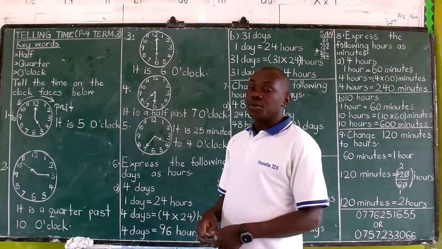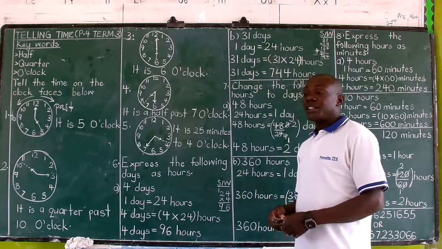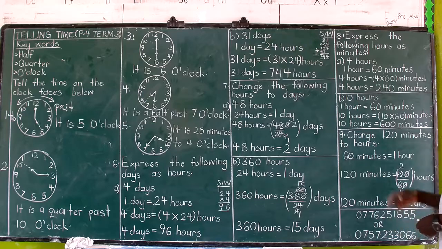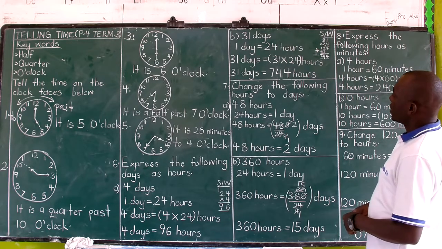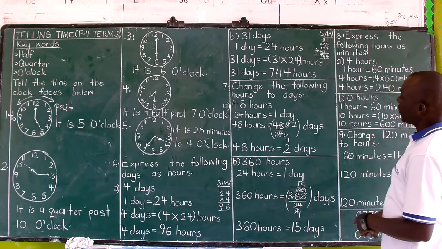All in all, we use the multiplication and division operations in this particular activity. So get to know how to convert days to hours by multiplying by 24. How do you change hours to days? By dividing those hours by 24.